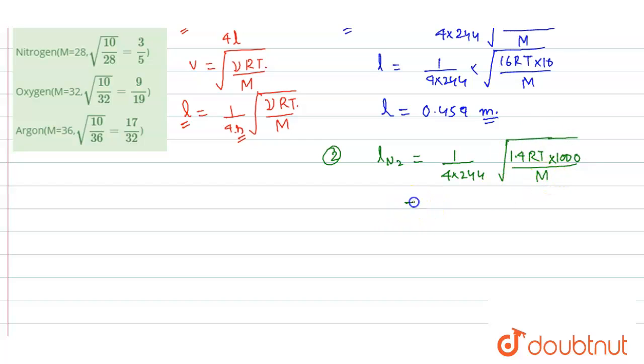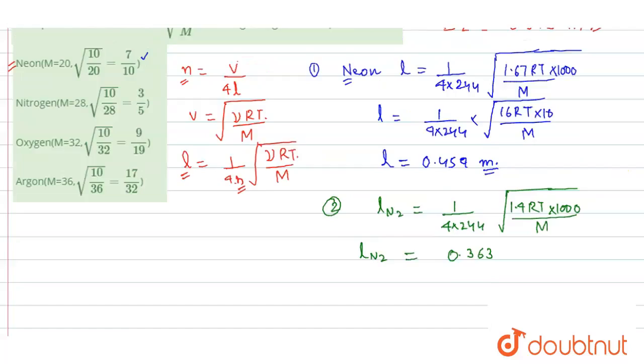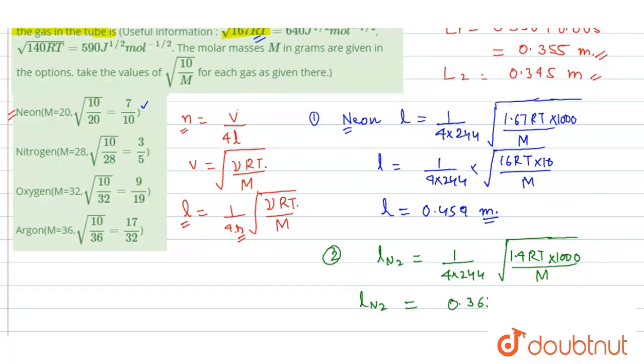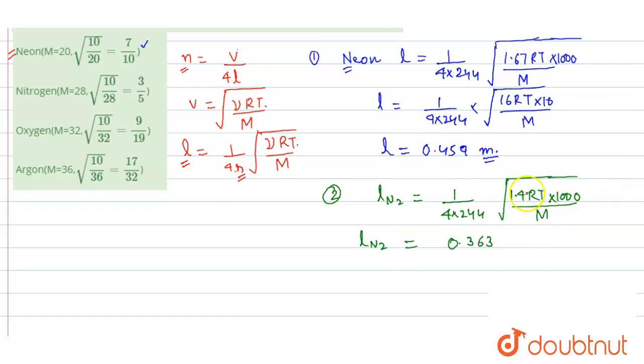Now if we solve this, you can see that the value of 10 divided by molecular mass is 28. If we put the value, the minimum length for nitrogen will be simply 0.363. Now you can see that this is also greater than the required length, 0.355 and 0.345 meters. So nitrogen will definitely not show resonance.